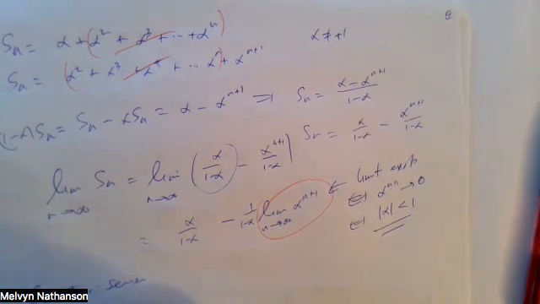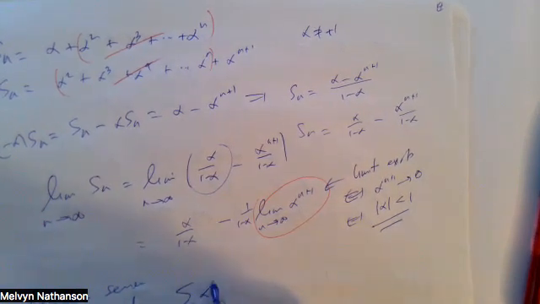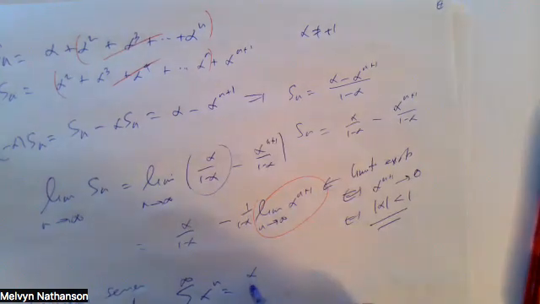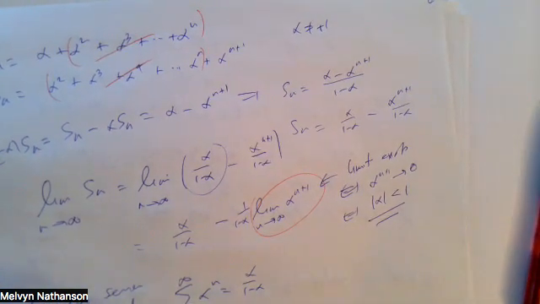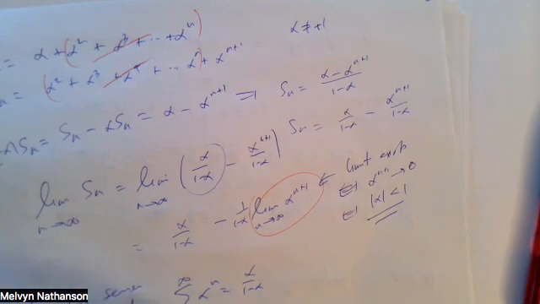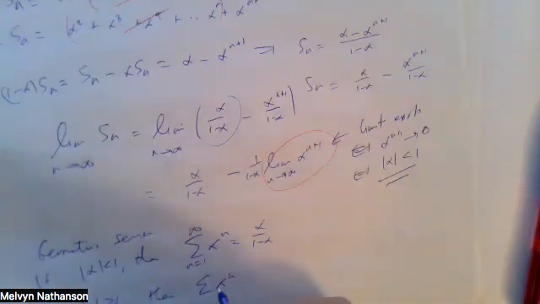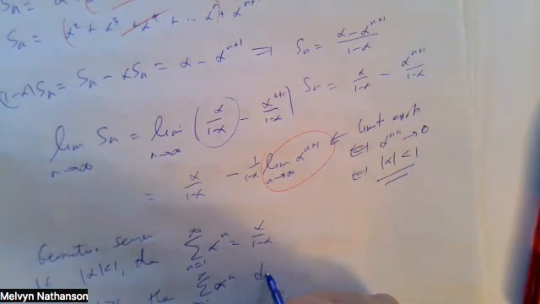If the absolute value of alpha is less than 1, then the summation of alpha to the n, from 1 to infinity, converges, and the limit is alpha over 1 minus alpha. And if the absolute value of alpha is greater than or equal to 1, then this infinite series, the geometric series, diverges.